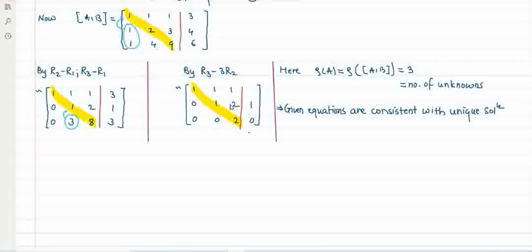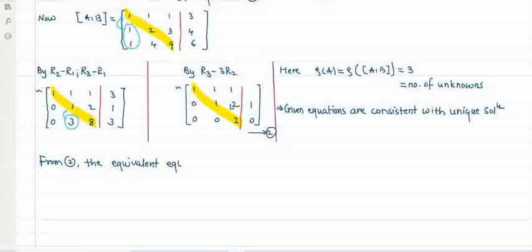Now suppose this matrix, whatever the last rank you identify, I will number as A2. So from A2, the equivalent reduced equations are: first one, x plus y plus z equal to 3, I will call equation 1.